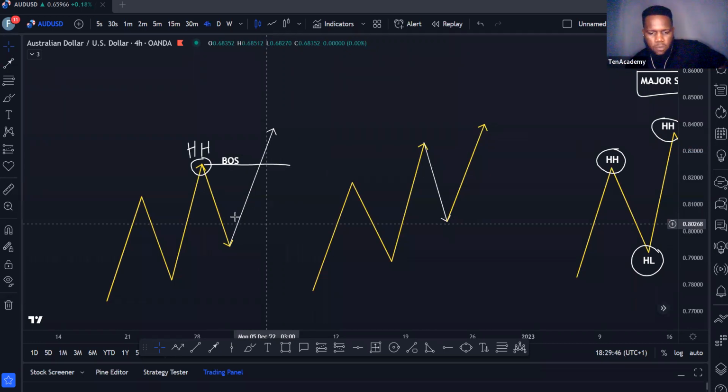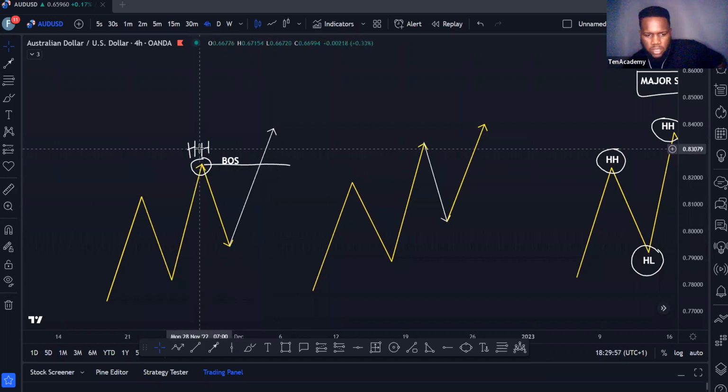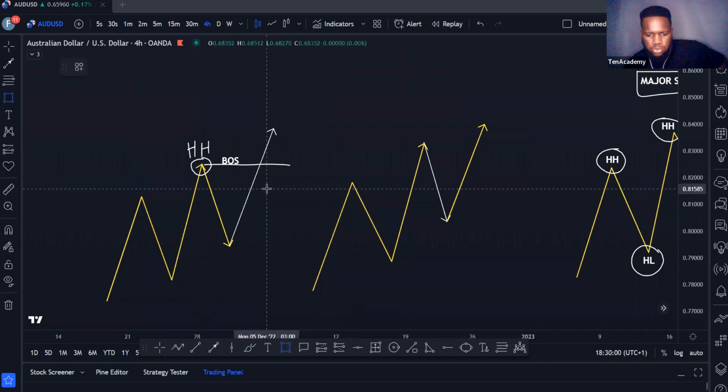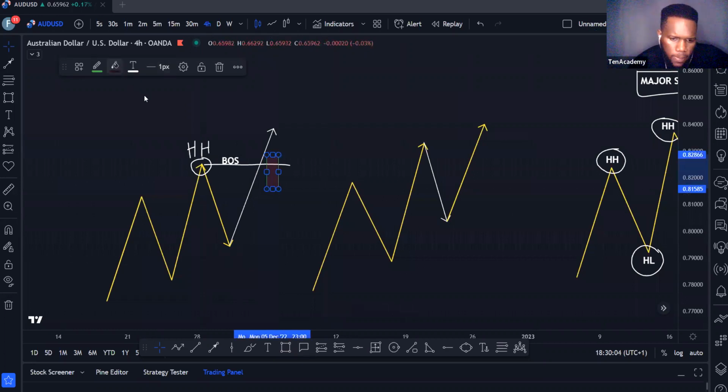When price goes up and goes beyond this high, the body of the candle needs to close above this zone. So I'm talking about this. This is a bullish candle, like so. Let's make this green.